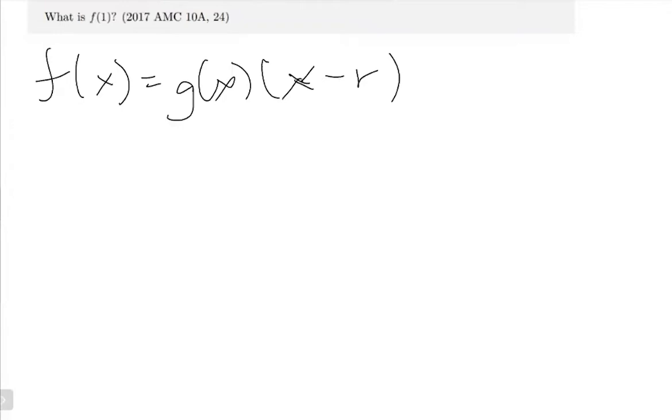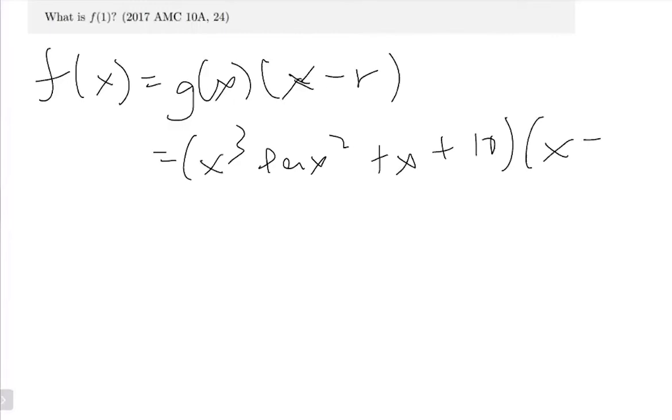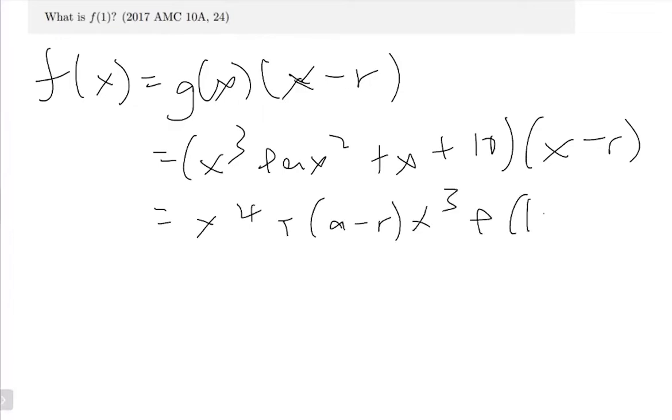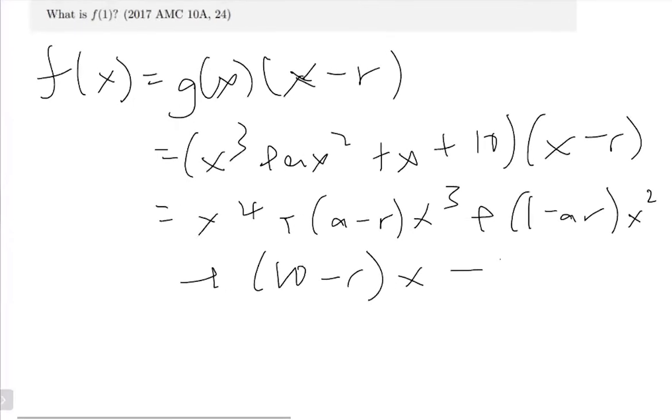So we get f of x is equal to x cubed plus ax squared plus x plus 10 times x minus r, which is equal to x to the fourth plus a minus r x cubed plus 1 minus ar x squared plus 10 minus r x minus 10r.